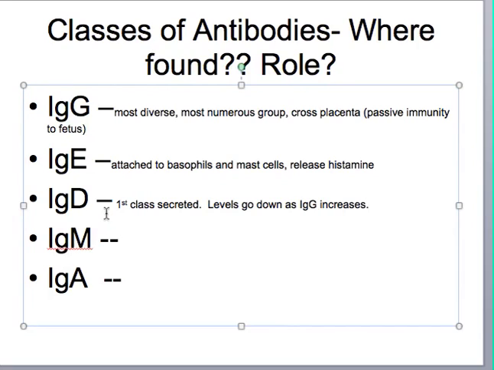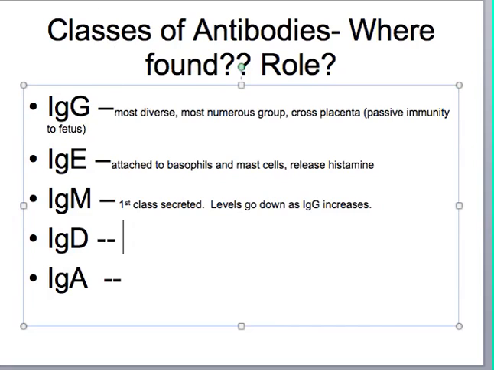Oops, that was supposed to be IgM. Sorry. Let's just make this IgM. IgM is the first class secreted, and the levels go down as IgG increases. Sorry about that.